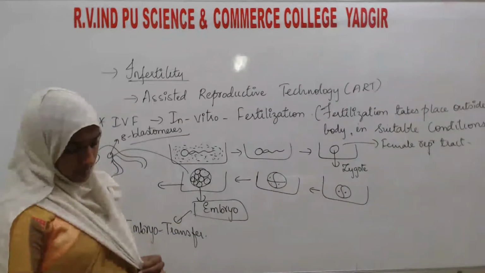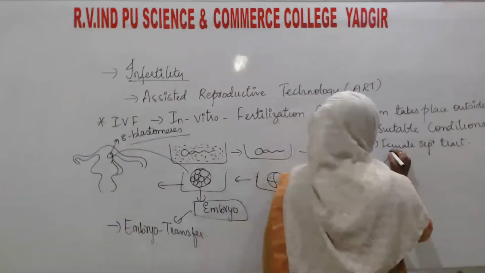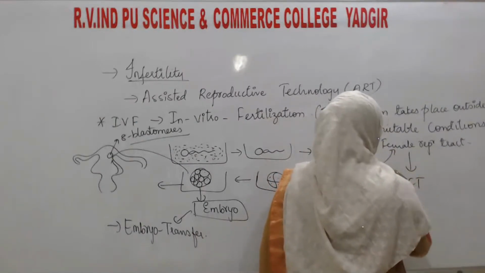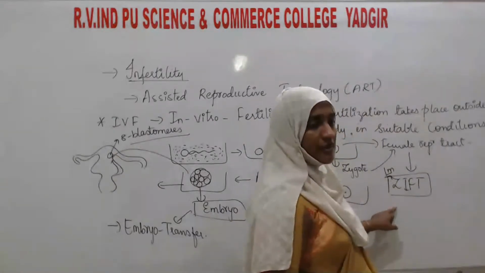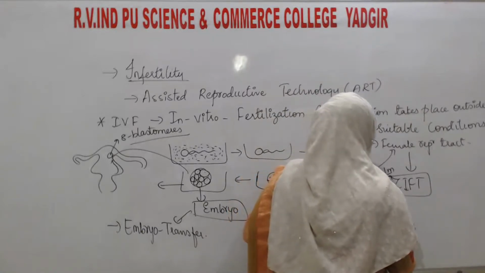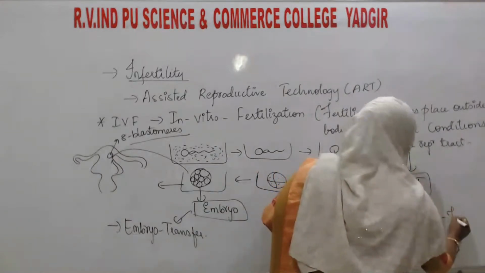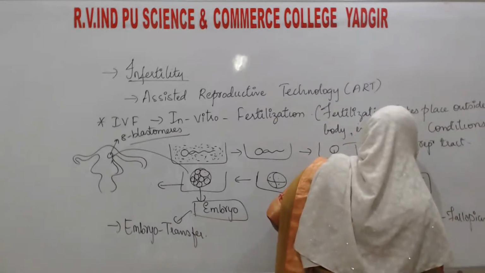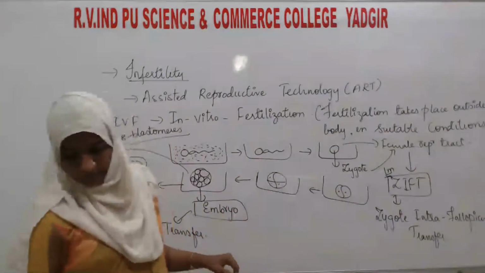If they transfer the zygote into the reproductive tract, then it is known as ZIFT. They will sometimes ask this for 1 mark. What is ZIFT? ZIFT means zygote intrafallopian transfer. They will transfer into the fallopian tube. That is known as ZIFT.